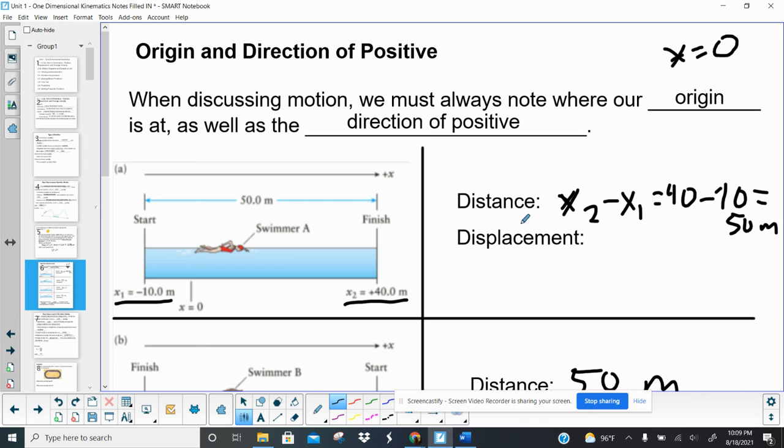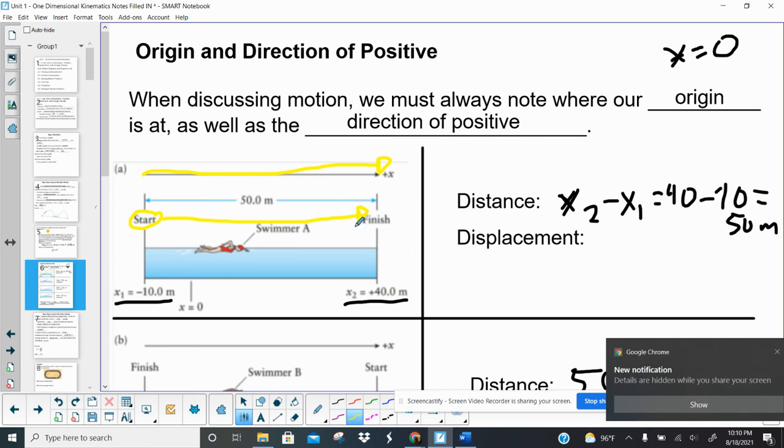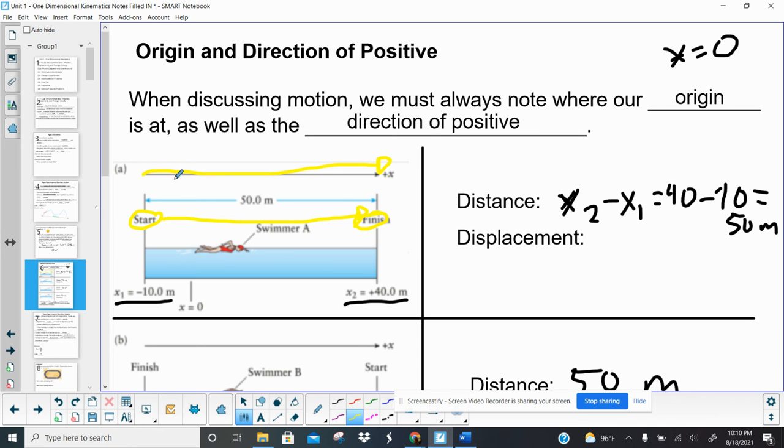Displacement, though, needs to be relative to the direction of positive. So notice up top here, they have said that going to the right is the positive direction. So if this is our start and this is our finish, we traveled in the direction of positive, to the right.